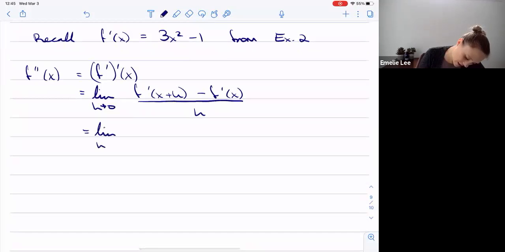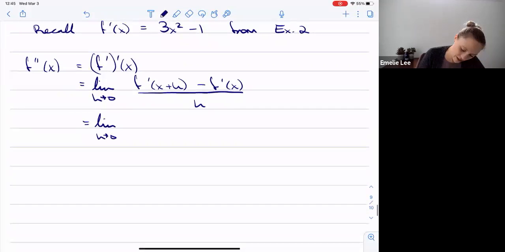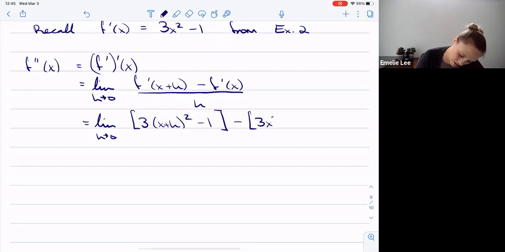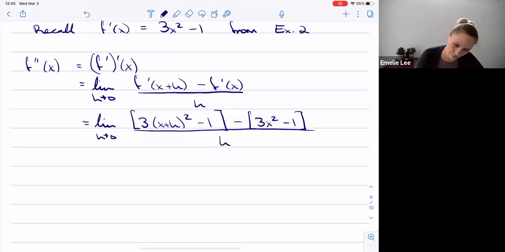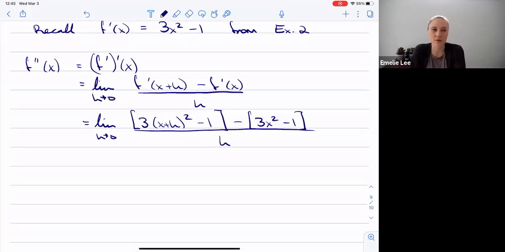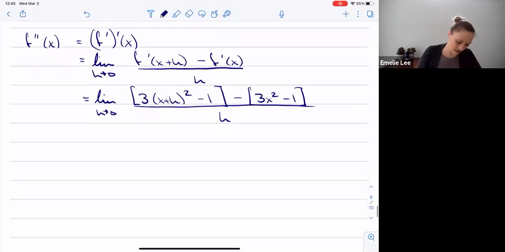Which becomes the limit as h goes to 0 of, in square brackets, 3 times x plus h squared minus 1, minus 3x squared minus 1, over h. Same procedure that we've been doing. Our function, in fact, is a little simpler than earlier.